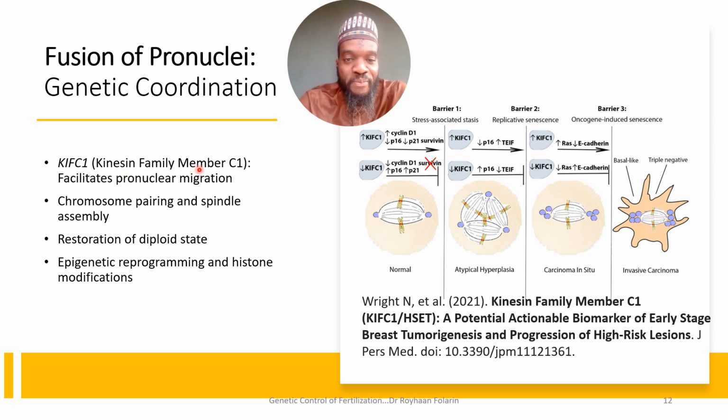Kinesin family member C1 plays a very key role in pronuclear migration and spindle assembly, the assembly of the spindle. This is what helps to restore the diploid chromosome number. And you have some epigenetic reprogramming helping to ensure there is proper gene expression in the resulting zygote.